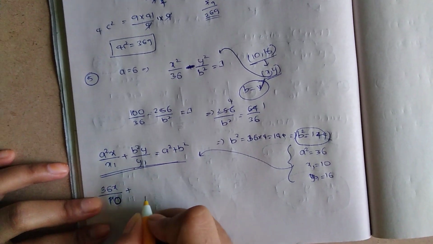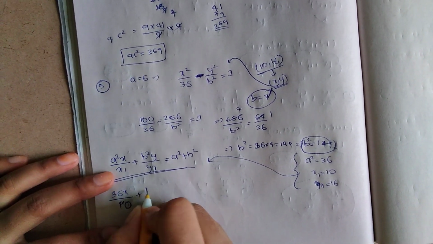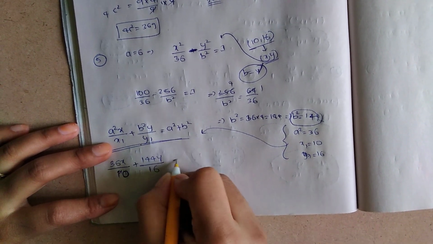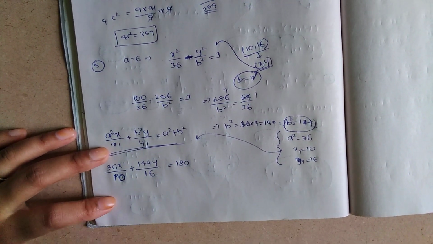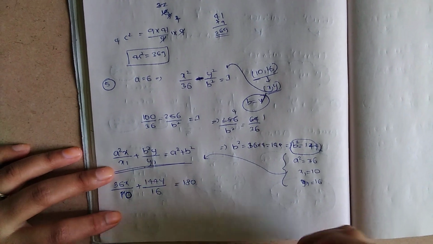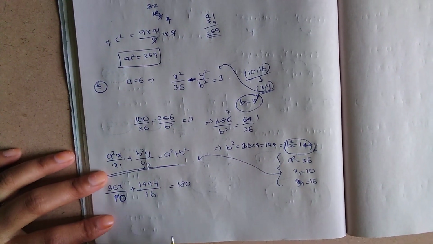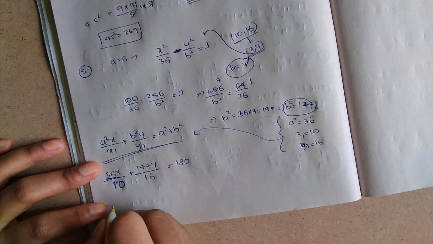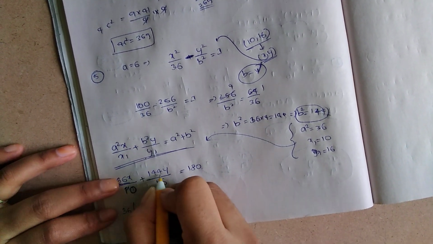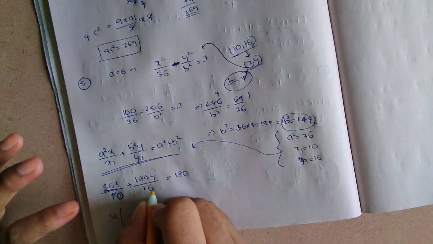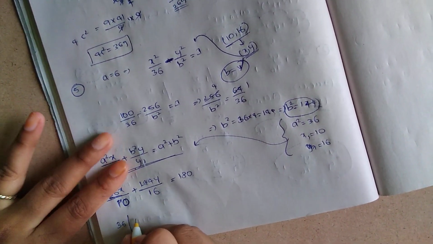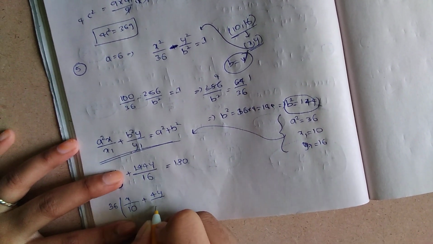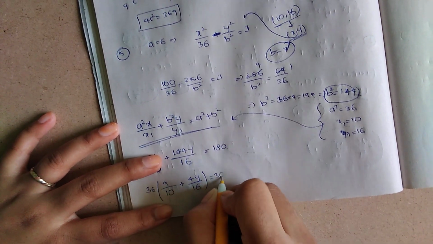Plus, what is b square? 144y by 16 is equal to 180. 144 plus 36 gives 180. Now, take 36 common. Because every number in the numerator is divisible by 36, I am taking 36 common from the numerator and the denominator. 4y by 16 is equal to 36 into 5.